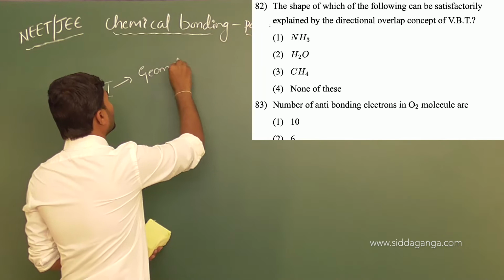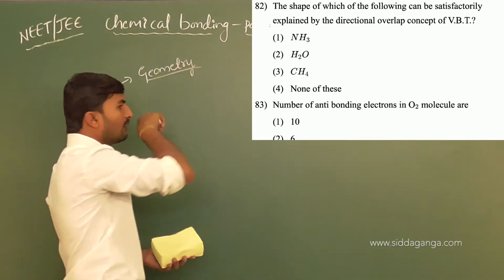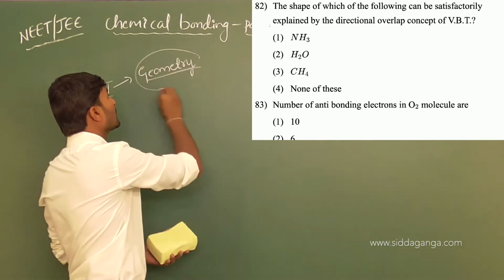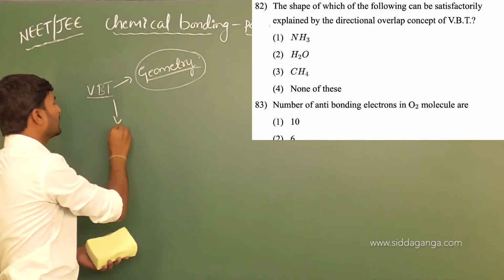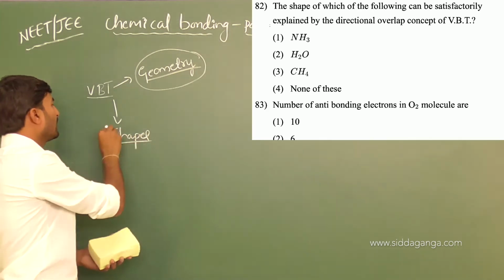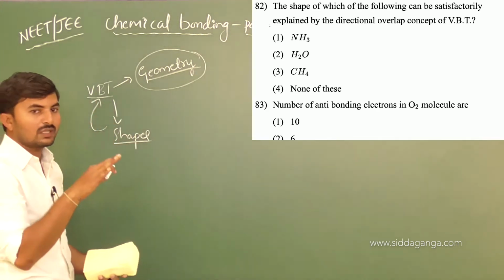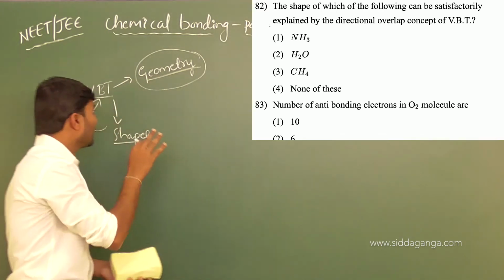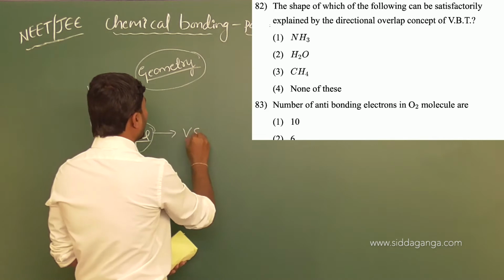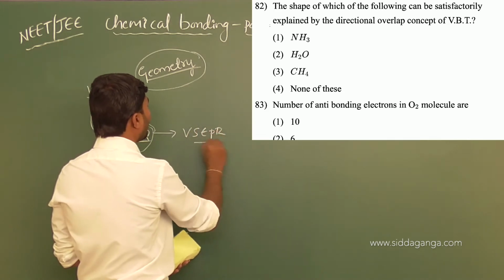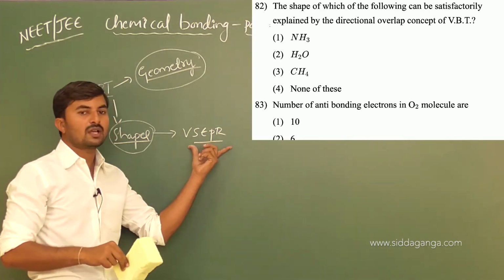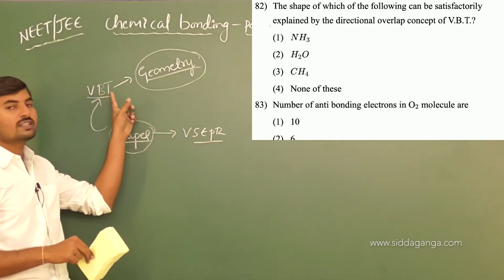By using valence bond theory, we can predict the geometries of the molecules, but we cannot predict the shapes of the molecules. That is the major limitation of VBT, and that limitation was satisfied by VSEPR theory. The shape of the molecule is clearly explained under VSEPR theory and not by valence bond theory.